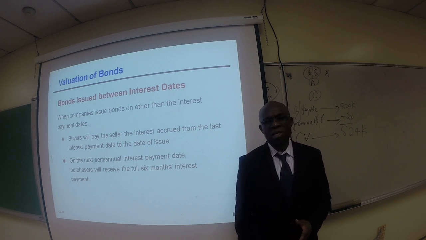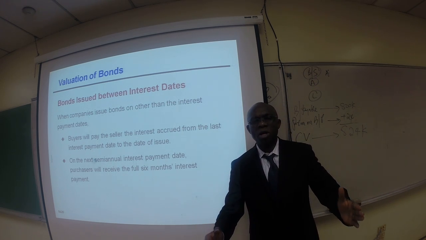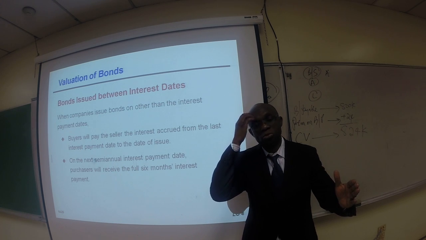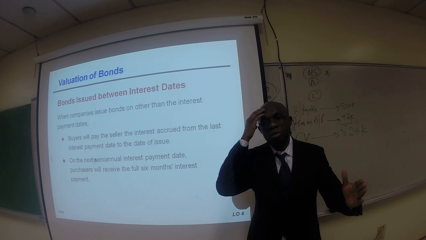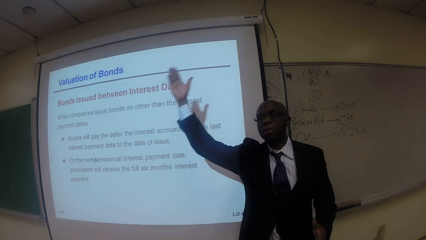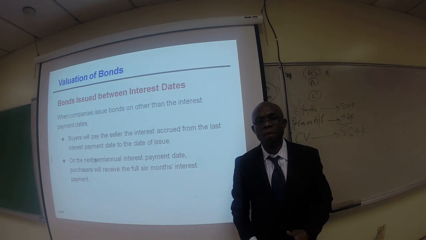So what are we talking about here? Very simple. Interest is paid every 6 months. Let's assume June 30th and December 31st of the year.